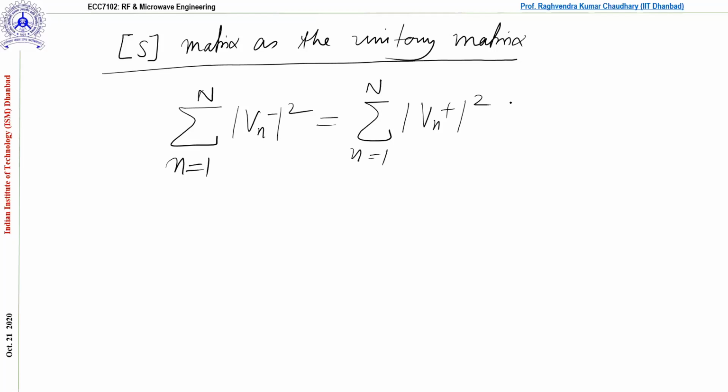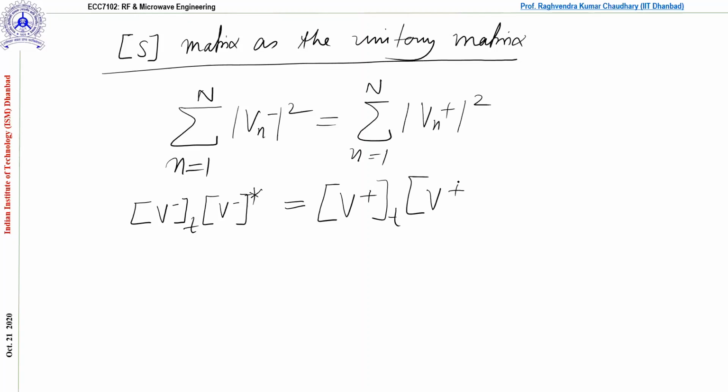Now the same could be further expanded as V minus transpose V minus star conjugate is equal to V plus transpose V plus star.